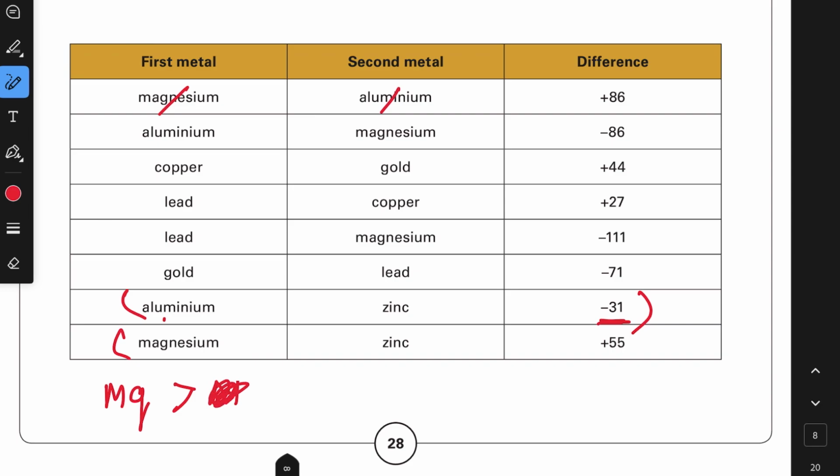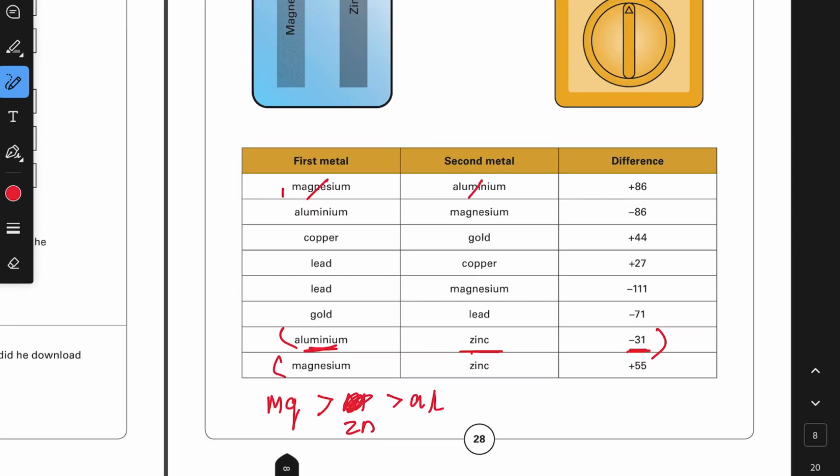So we can write zinc here and aluminium here, because aluminium is less reactive than zinc. So far these are our three metals. There are 6 metals in total.